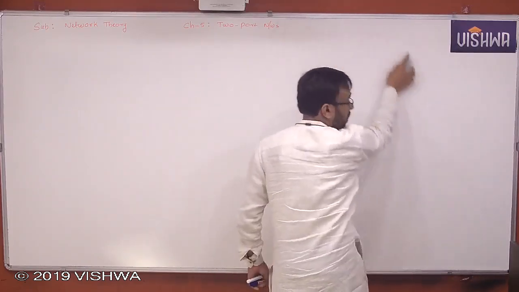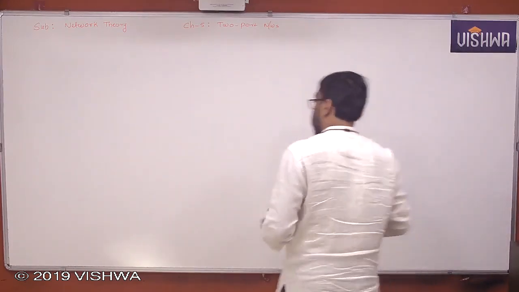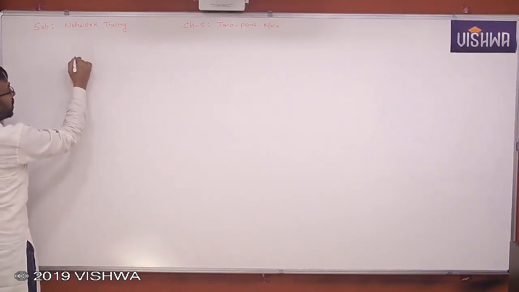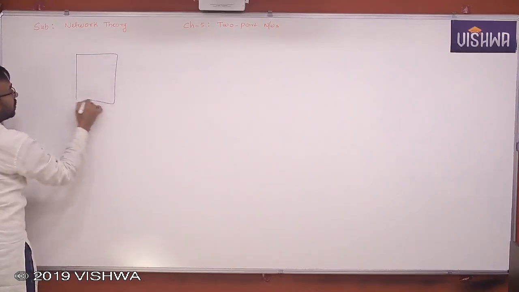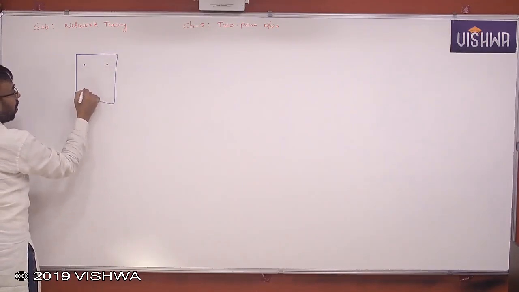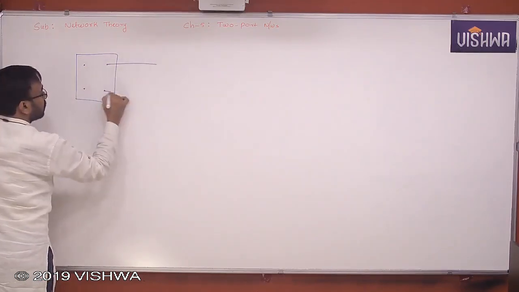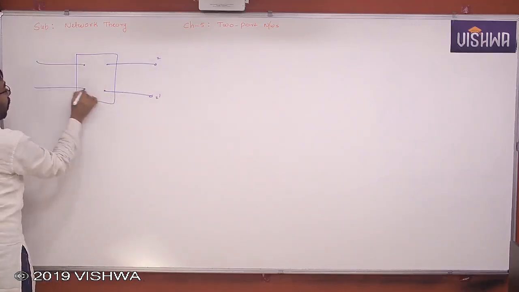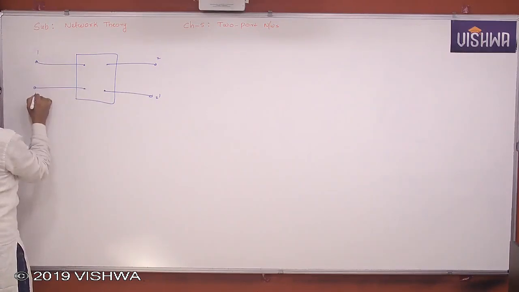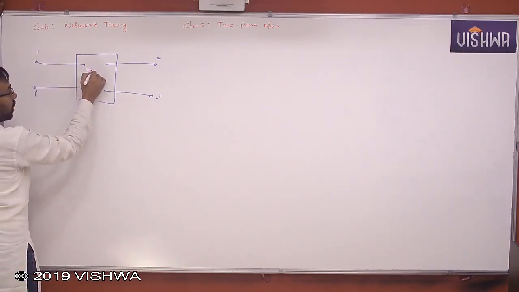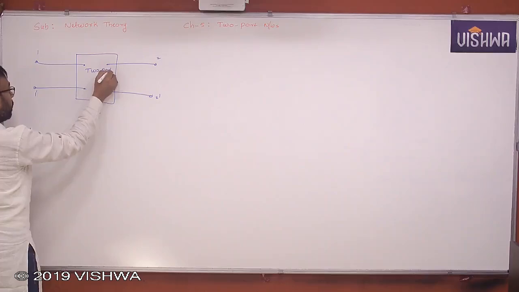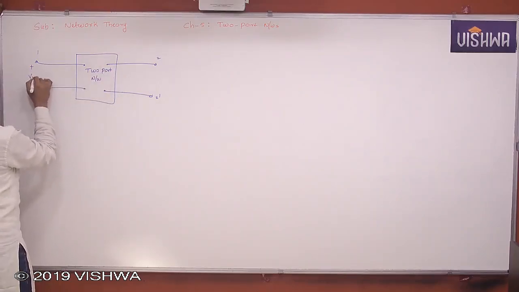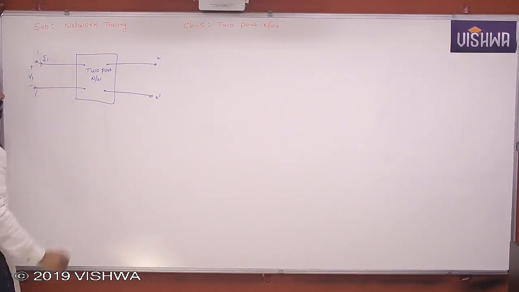Okay. Now I take the general representation of the two-port network, which we already understood. Port 1 and 1 dash, port 2 and 2 dash. It's a two-port network. The voltage at this point is V1 and this is the current I1.